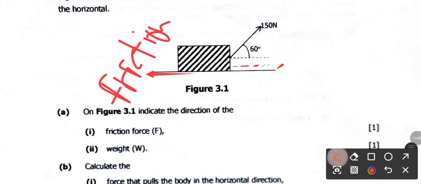And number 2, weight. Okay, weight is the force that is due to gravity, and we know that gravity tries to pull bodies towards the center of the earth, towards the ground. So the direction of weight will be downwards like this. So this is the direction of weight.